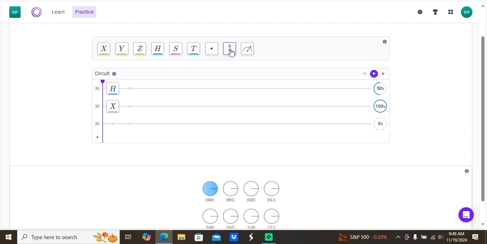But now when I use this swap, the gates are going to swap to each other's qubit line. It switched. So now this X is on the first qubit line, and this Hadamard gate is on the second qubit line. It's on the second qubit because I swapped the gates using this swap gate.